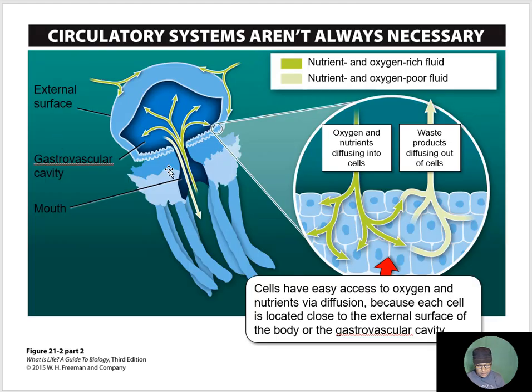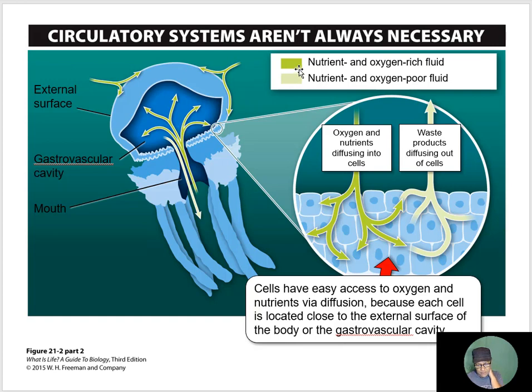So here we're looking at basically a jellyfish, and we can see here, if you follow my cursor, we've got the what's called gastrovascular cavity, and the mouth is here. This is the external region, and you can see that we've got the water from the outside, the external environment, coming into this gastrovascular cavity.